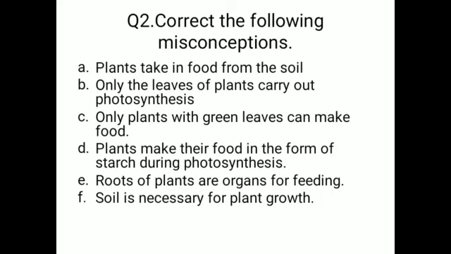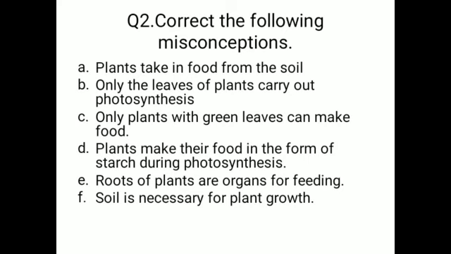You know, plants make the food in the form of glucose, which is a simple sugar, during photosynthesis. And when it is stored in the plants or different parts of the plants, it is converted into starch, which is a polymer of glucose.